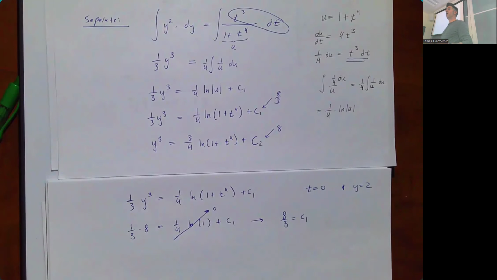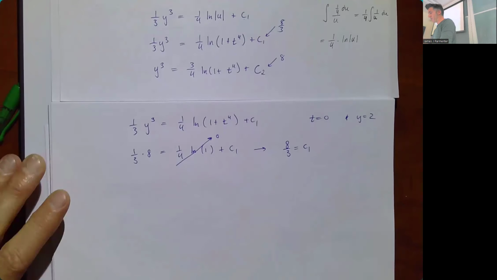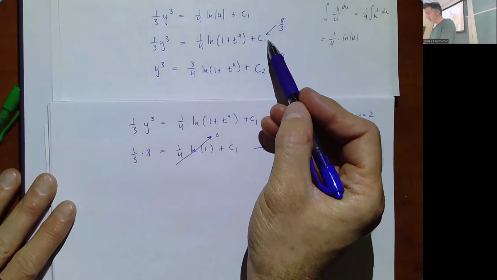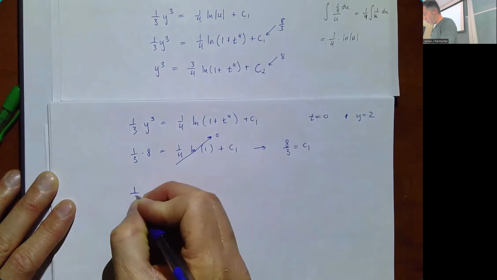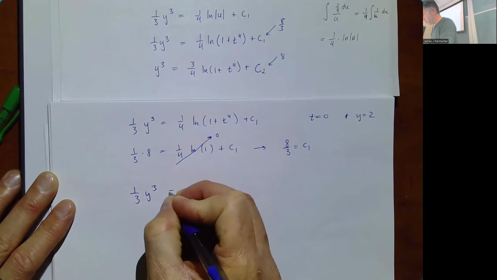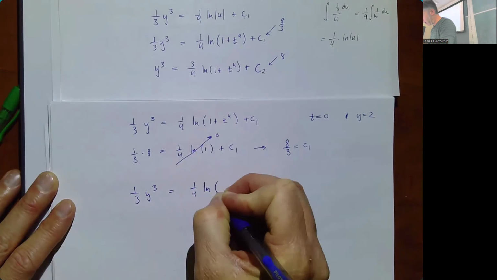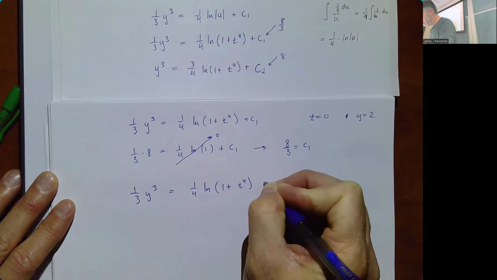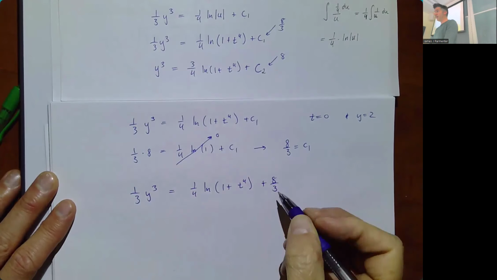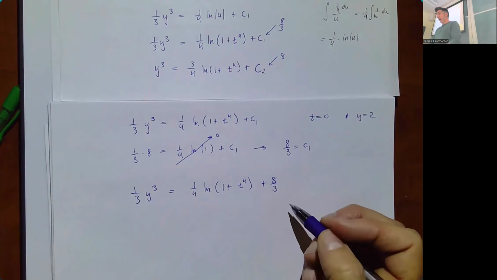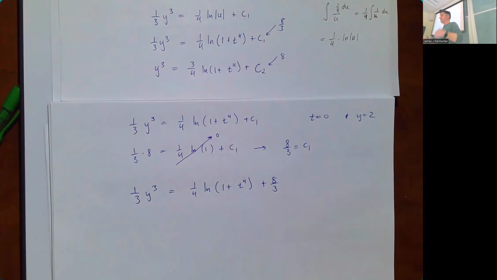Solve for it there. Right. You can't plug 8/3 in later without changing things, because we're solving for it. So then we would go back and say, I'm going to plug it in right there. So then my equation is 1/3 y cubed equal to 1/4 natural log of 1 plus t to the 4th plus 8/3. And now this isn't just some generic constant, it is actually the number 8/3. So anything we do to both sides, we actually have to do to that number.